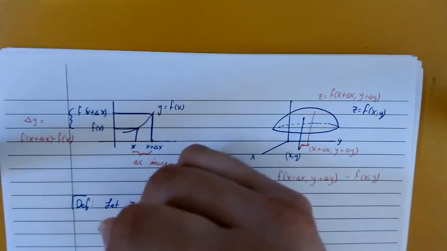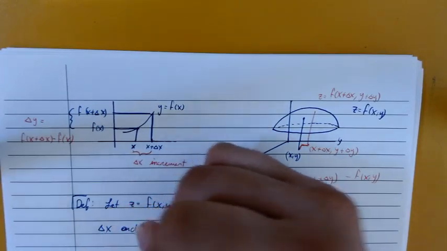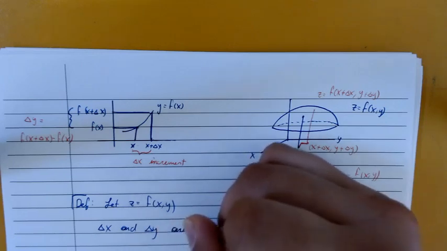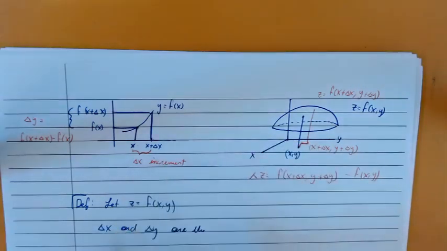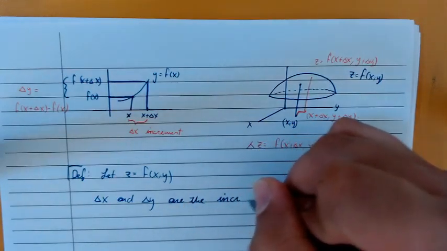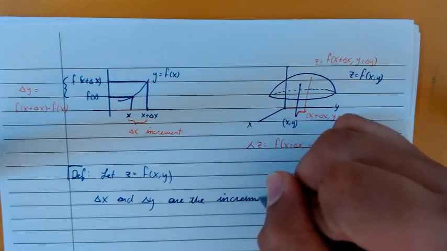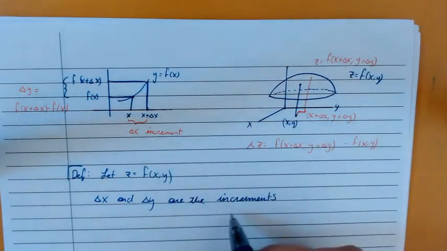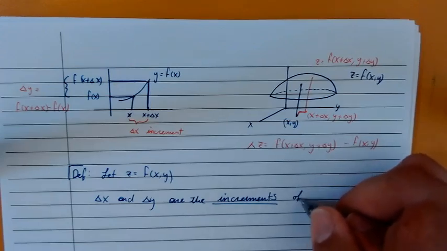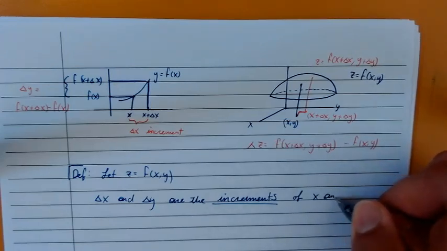Delta x and delta y are called the increments of x and y. We're keeping the same name that we had in Cal 1, the increments of x and y.